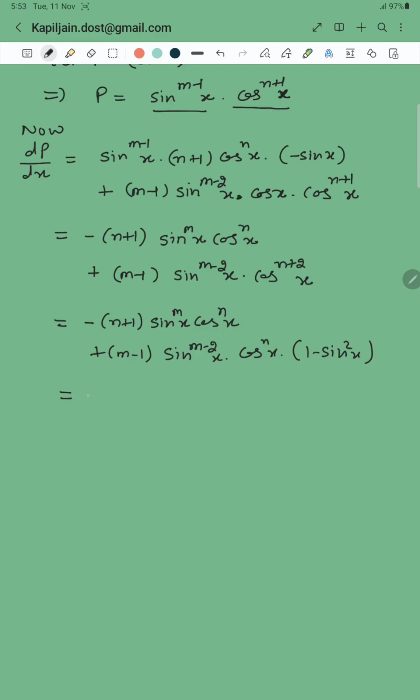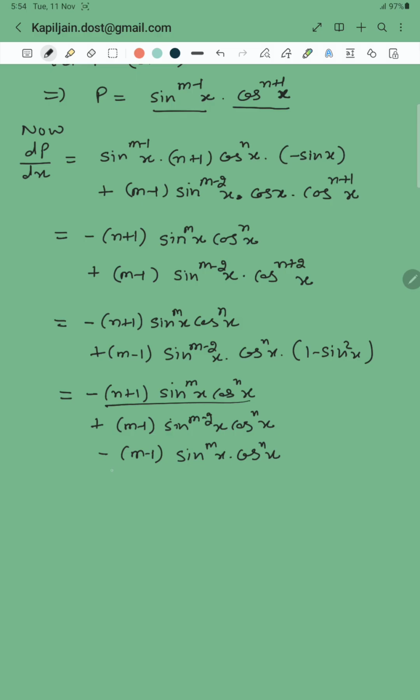Now further this term is equal to minus n plus 1 sin raised to power m x into cos raised to power n x plus m minus 1 sin raised to power m minus 2 x into cos raised to power n x minus m minus 1 sin raised to power m x into cos raised to power n x.